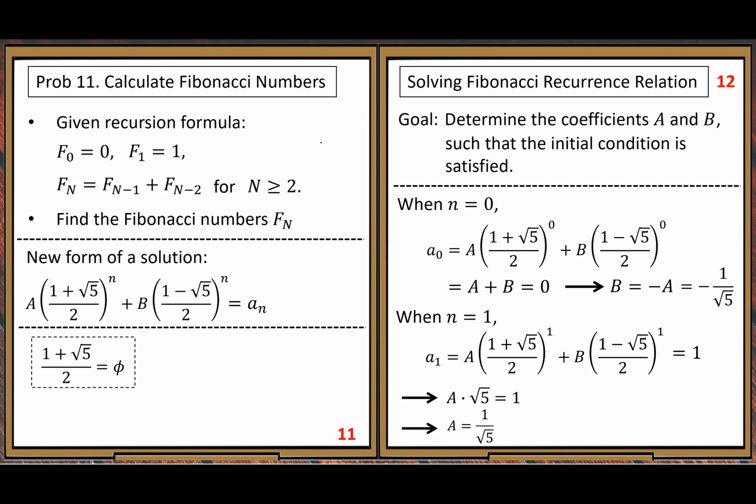Our final solution involves the golden ratio, and the 1 minus that is negative 1 over the golden ratio. Now our final expression here, you can see, is exactly our Fibonacci formula.